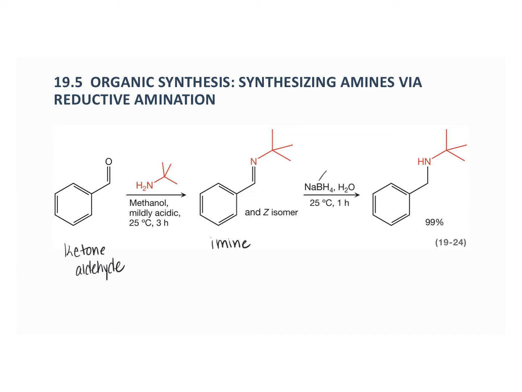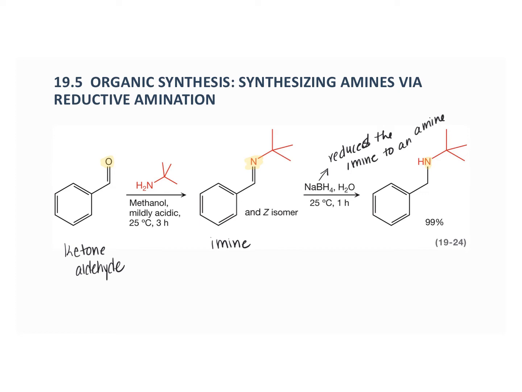And what sodium borohydride does here is it reduces the imine to an amine, right? And so notice that the nitrogen of the amine, which is right here, is in the exact location of the oxygen of the carbonyl carbon.